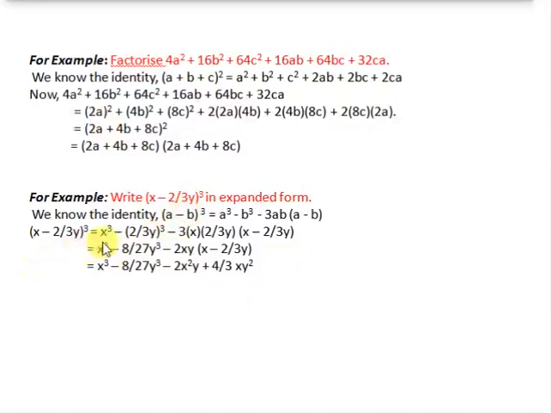So applying the formula a³ − b³ − 3ab(a − b), opening the bracket, doing the cubing, x³ − 8/27 y³, again doing the calculation, 2xy upon the bracket (x − 2/3y), opening the bracket, 2x²y. This minus will become a plus because of this minus sign and the opening of the bracket. So this will be the final expression of this expanded form.